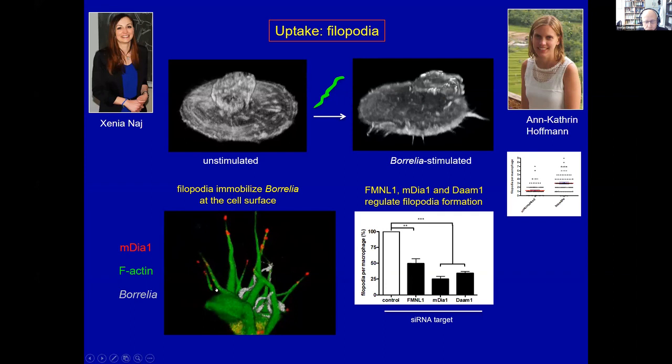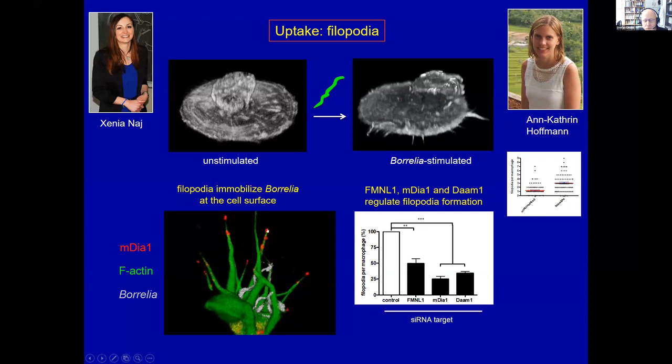So in green, you see again the F-actin cytoskeleton of a primary human macrophage. Actually, that's just a part of the surface of this cell, so it actually extends to a much larger degree to the sides here. And these longitudinal extensions are the filopodia. The Borrelia, you see here in this whitish color, they're already being captured by these filopodia.